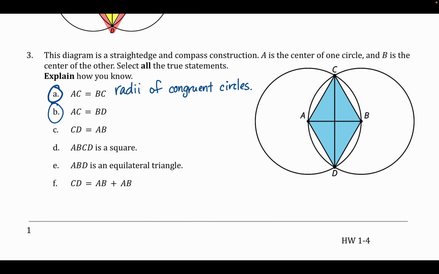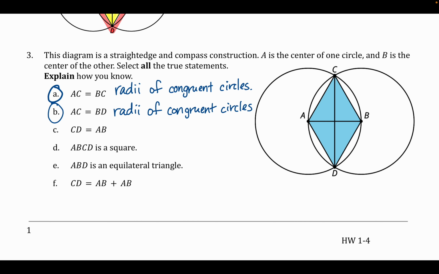So this would be, for the same reason, both radii of congruent circles. They're essentially both a radius at the same length.